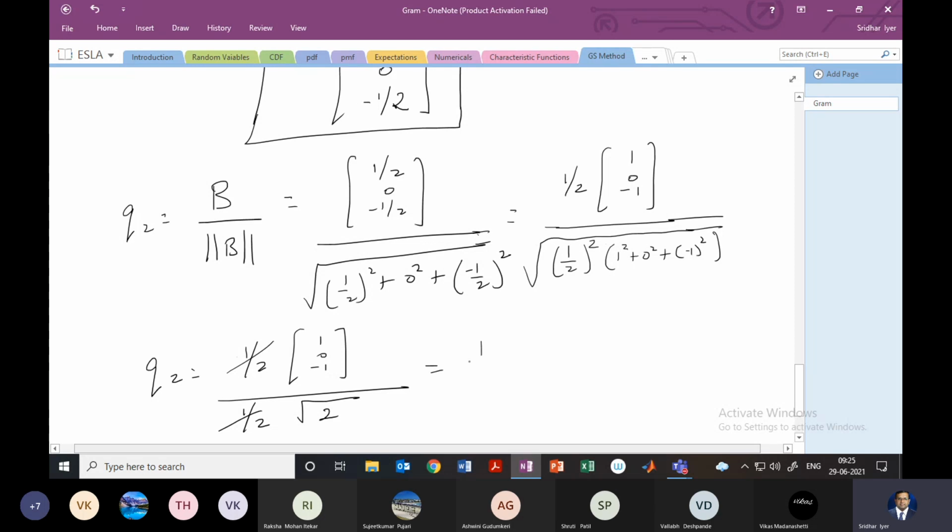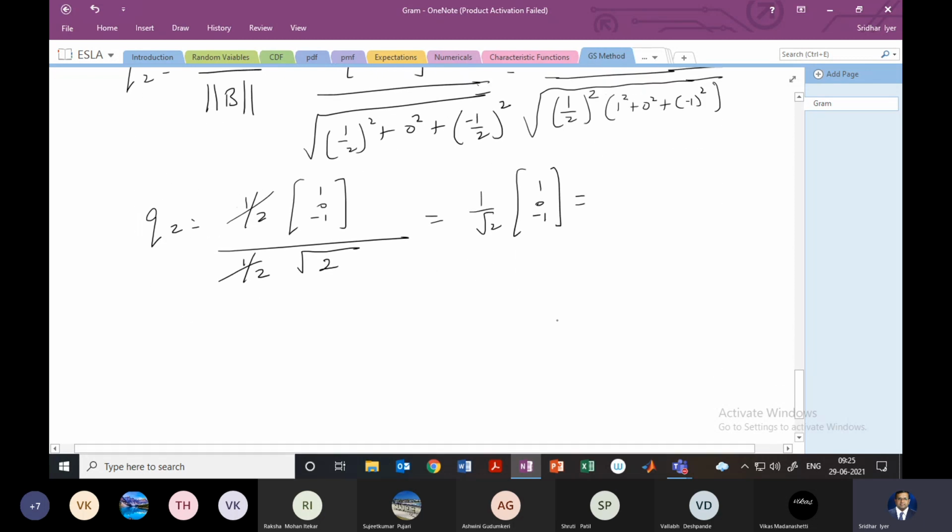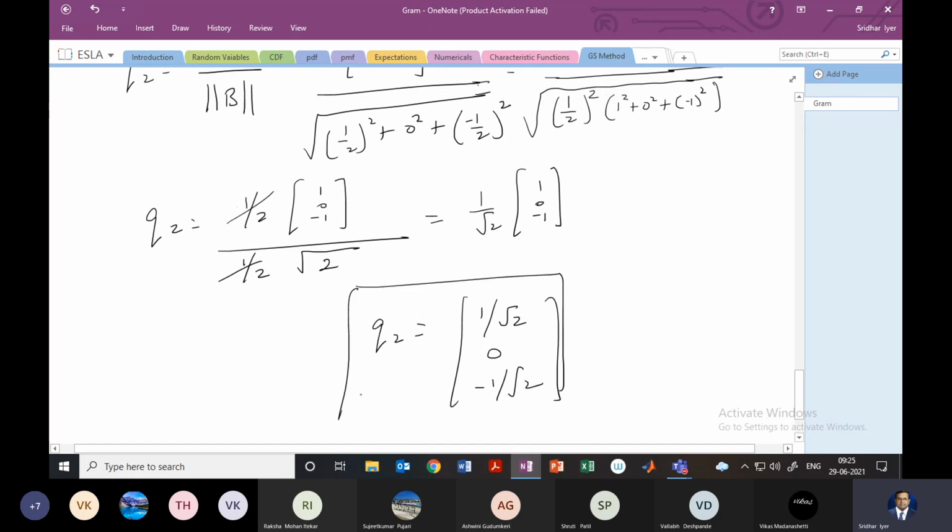So what I'm left with is 1 by root 2, 1, 0, negative 1, right? So therefore, let me write Q2 here. So Q2 will be 1 by root 2, 0, negative 1 by root 2, right?